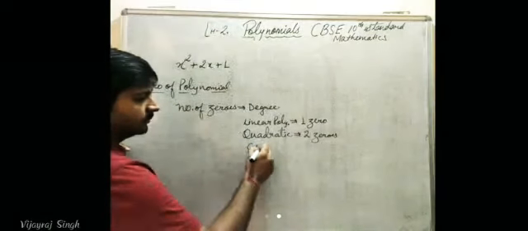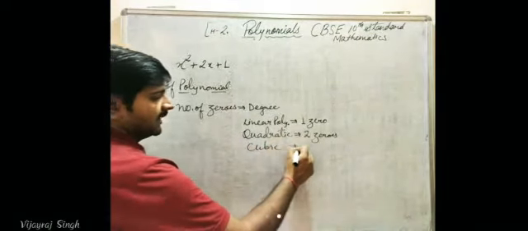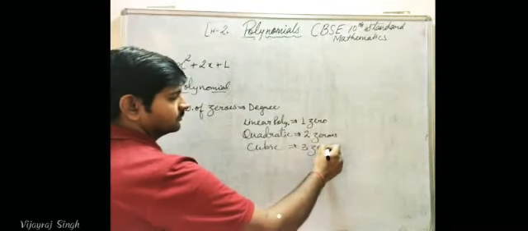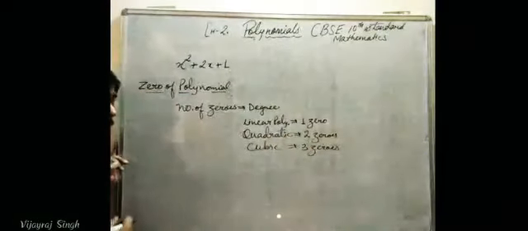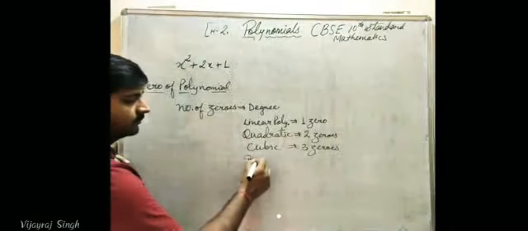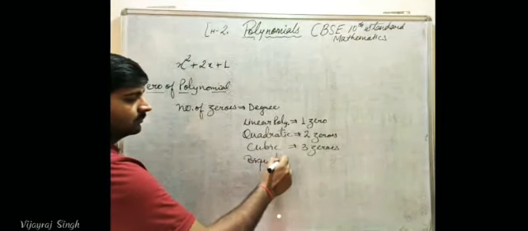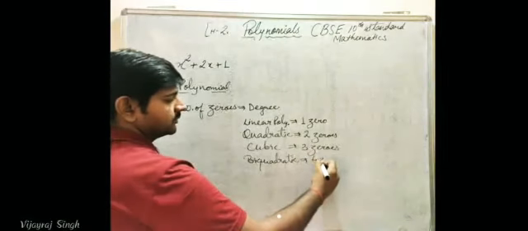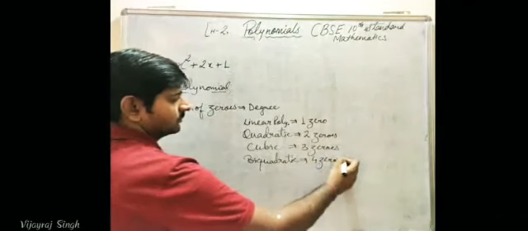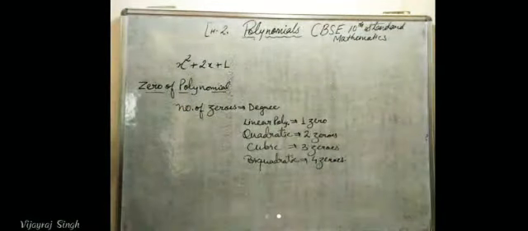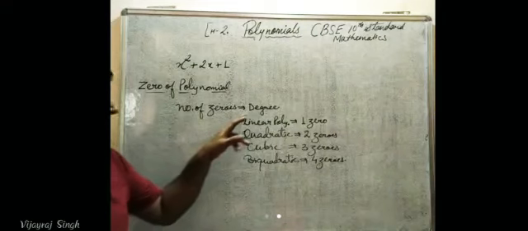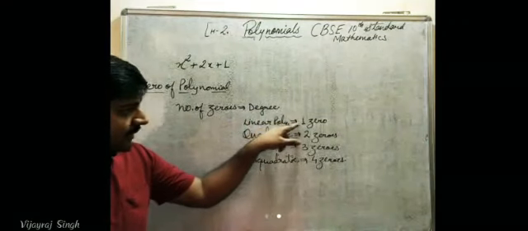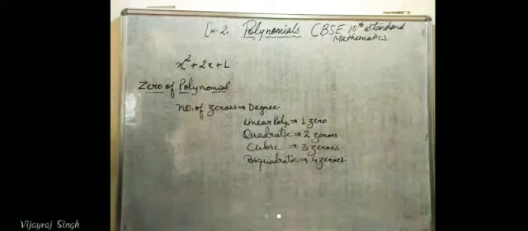Cubic has three zeros. Biquadratic has four zeros. Why? Because I said according to degrees there will be zeros.